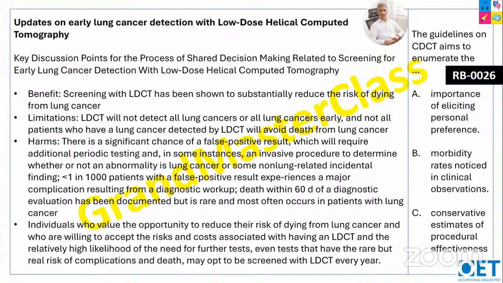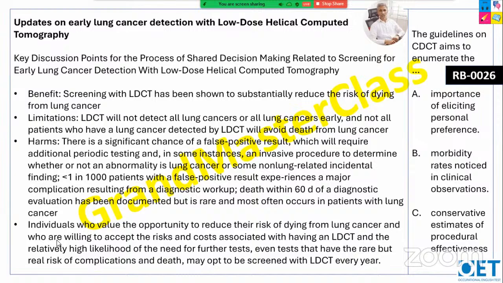Not all means in some situations it is ineffective. Some lung cancers cannot be detected early, and some patients whose cancer is detected cannot avoid death. That is also possible.